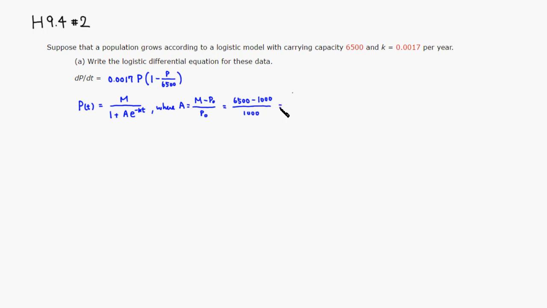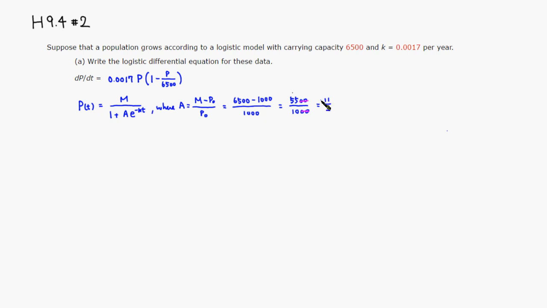Which means you're going to have 5,500 divided by 1,000. We can knock off 2 zeros and divide by 5, so it's going to be 11 over 2.